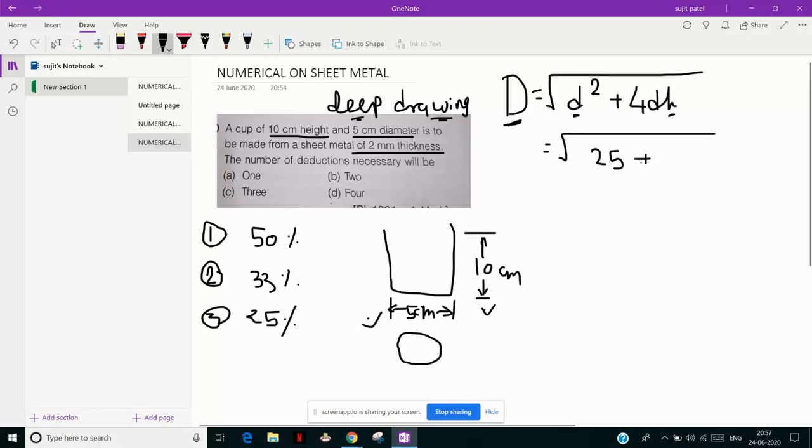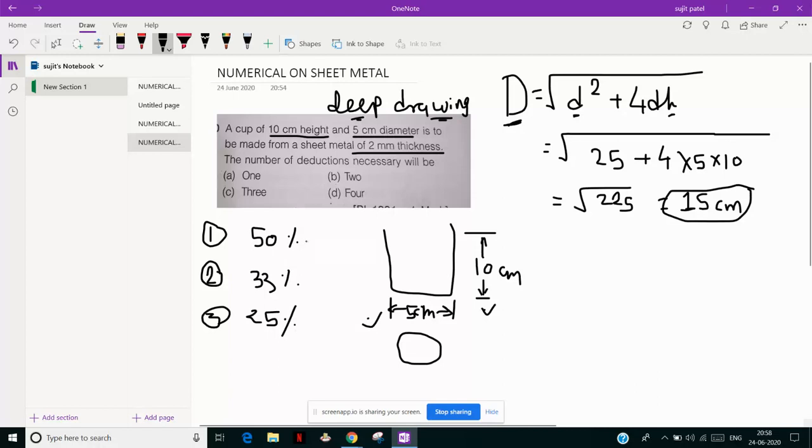Then 4 times diameter into height 10 centimeter. So finally you will get under root of 225, that is 15 centimeter.